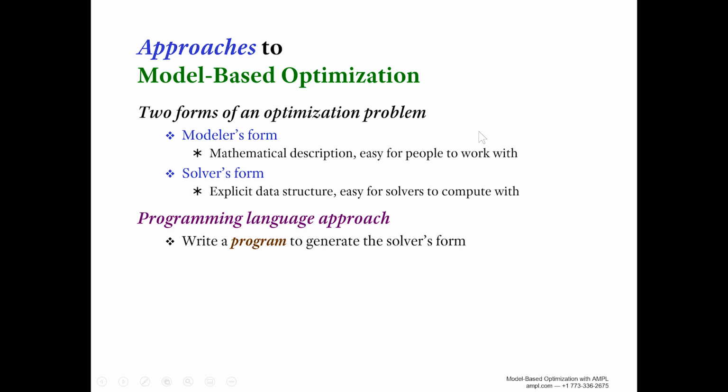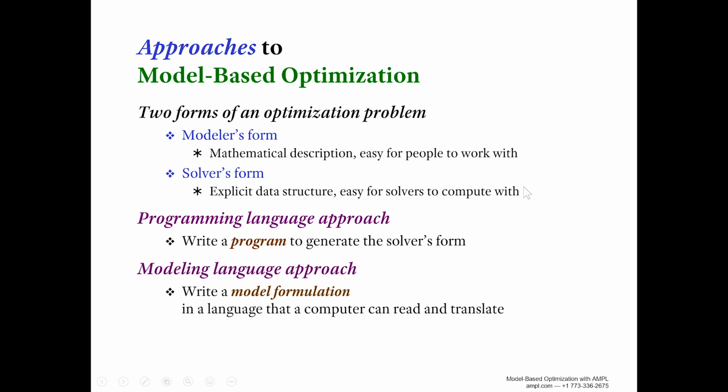And so there are two approaches then. A programming language approach is to write a program that generates the solver's form. You put all the input into this program, and you have that program generate a solver's form from your model. The other, what I call the modeling language approach, is to write a model formulation in a language that a computer can read and translate.